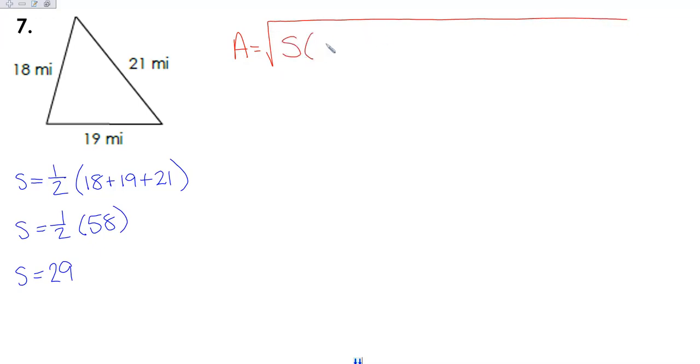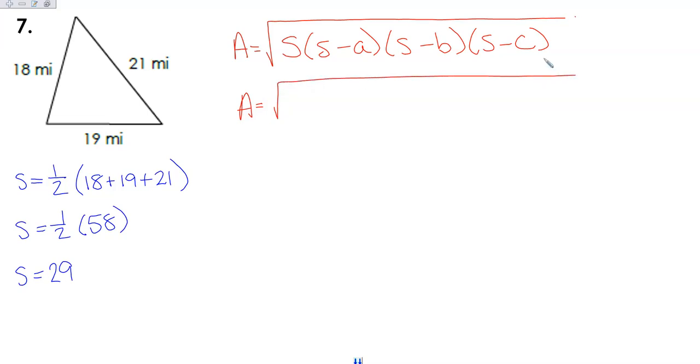So then for my area formula, it is going to be the square root of my semi-perimeter, again, times semi-perimeter minus A, semi-perimeter minus B, semi-perimeter minus C. So when we plug those numbers in, we're going to get 29 is my semi-perimeter times 29 minus 18 times 29 minus 19 times 29 minus 21.